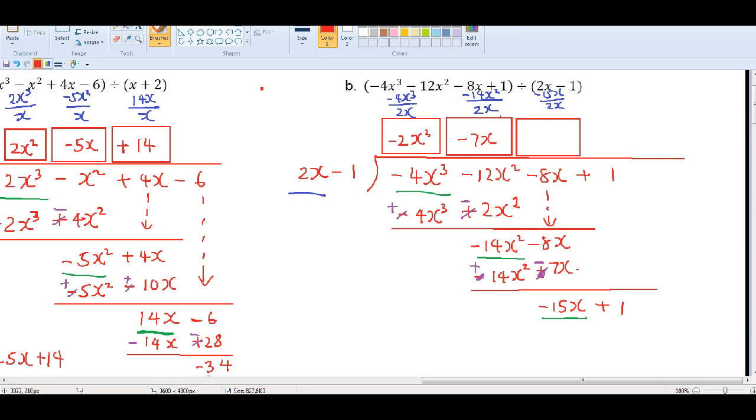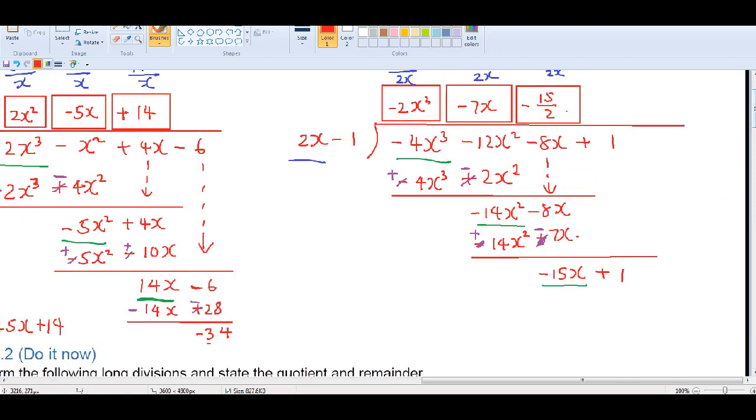So you need to write a fraction here, minus 15 over 2, and you still use that to multiply 2x. Minus 15 over 2 times 2x still equals minus 15x, but then minus 15 over 2 times minus 1 becomes plus 15 over 2.